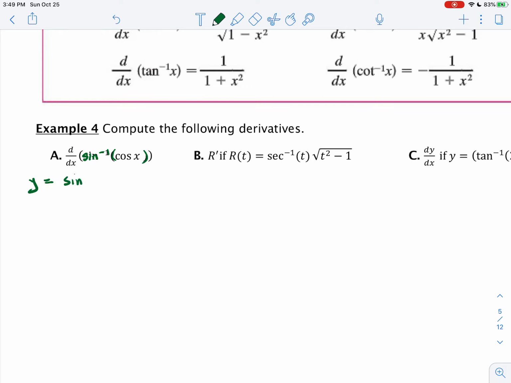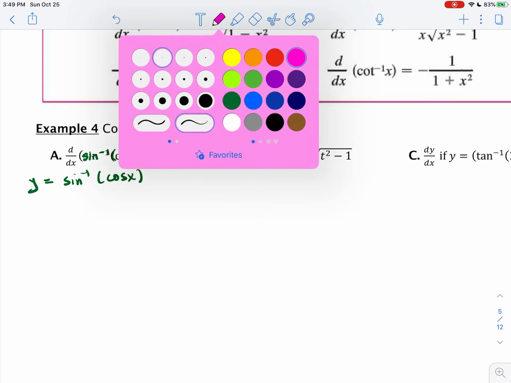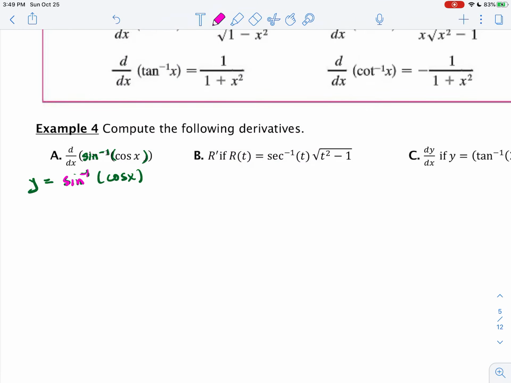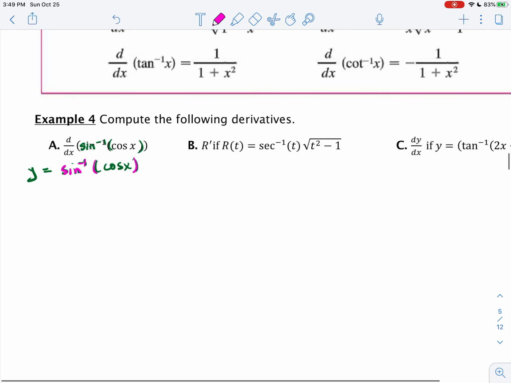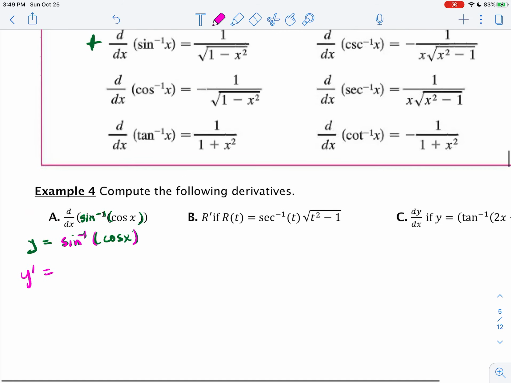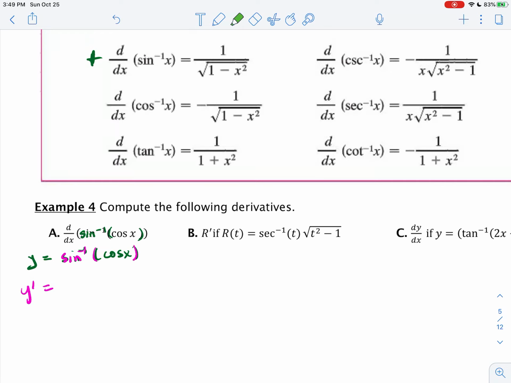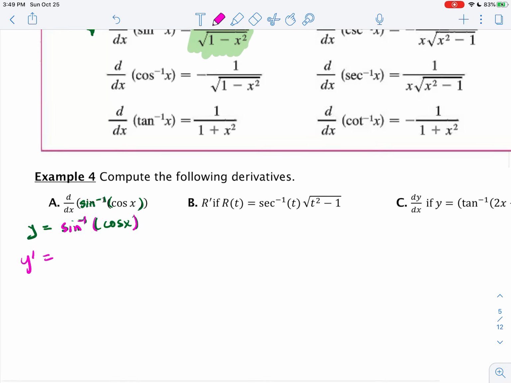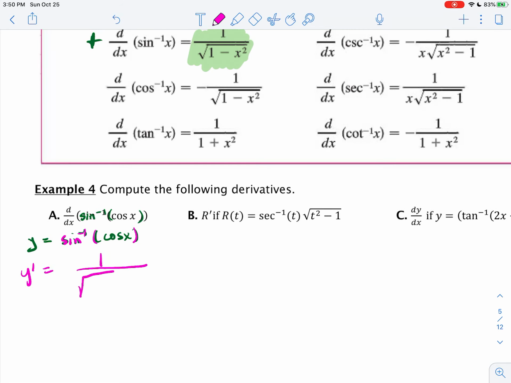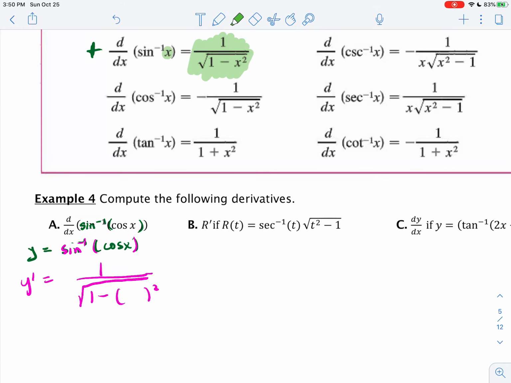And so if I have y equal to inverse sine of cosine of x, again, my outside function is inverse sine of x, so for my y prime, I'm going to take the skeleton of my entire derivative here, and I'm going to get 1 over the square root of 1 minus squared.